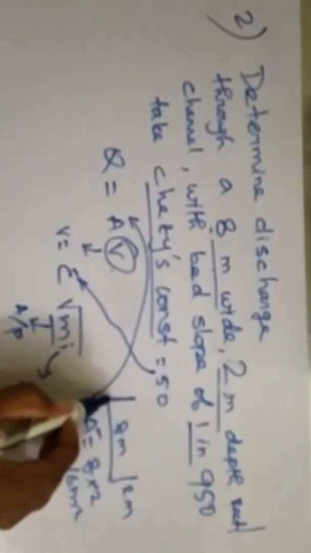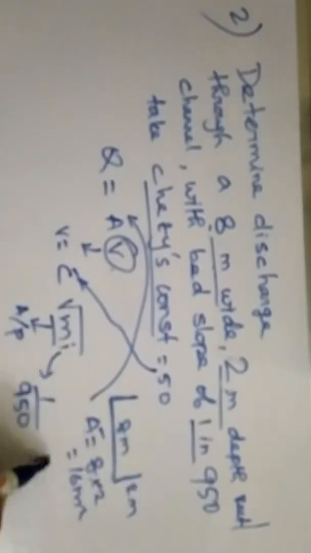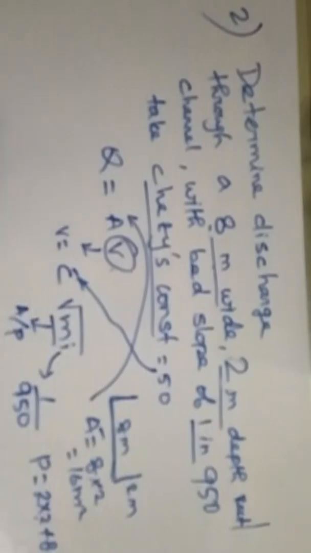M is area divided by perimeter. I know the area, but perimeter is not given. 2 meter plus 8 meter plus 2 meter is the perimeter, so perimeter is equal to 2 times 2 plus 8. If I add, I will get the perimeter value.